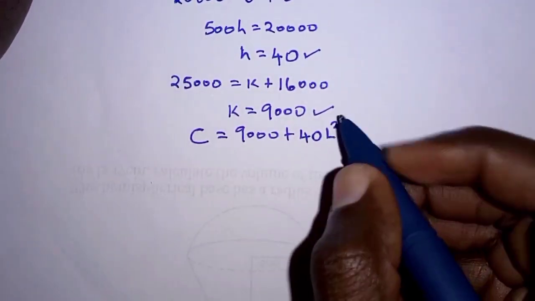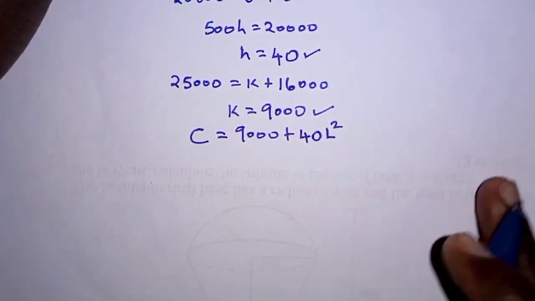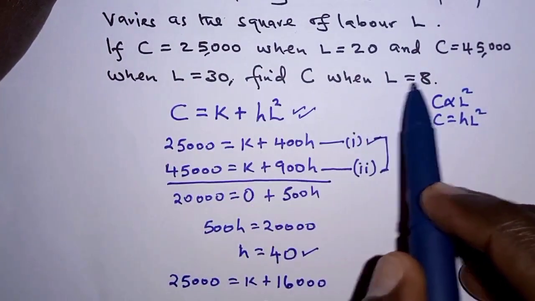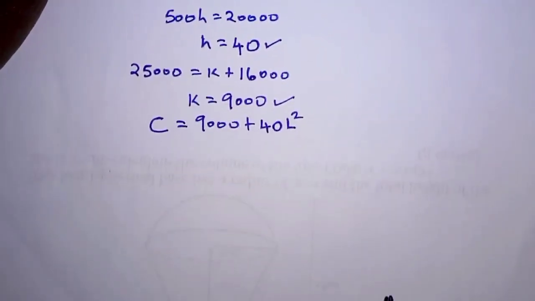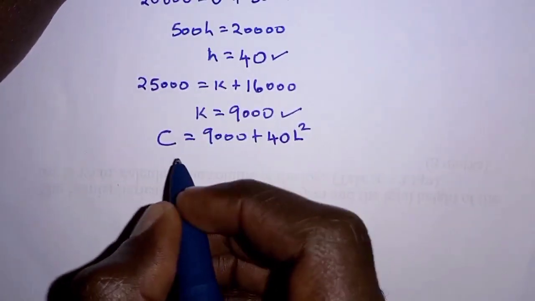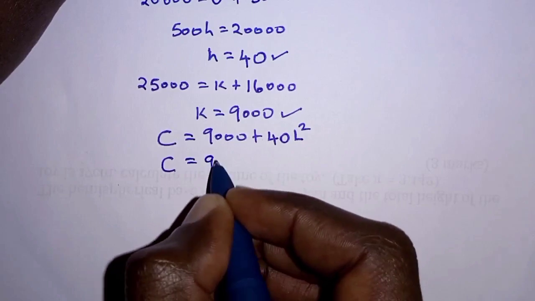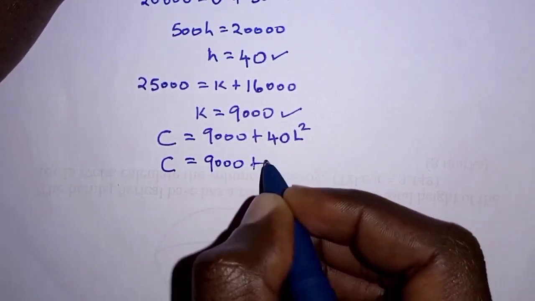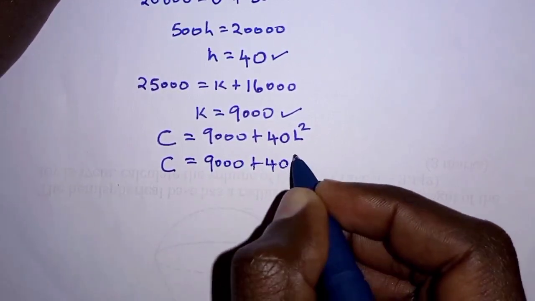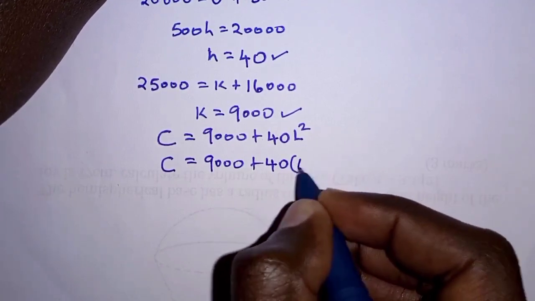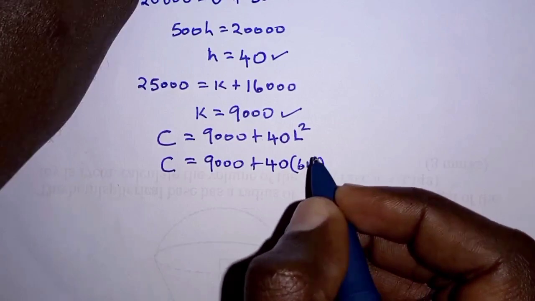This should now help us determine the value of C when L is 8. Remember, that was the question. Find C when L is 8. So when L is 8, C becomes this. So we have C is equal to 9,000 plus 40 times L squared. L is 8, and therefore 8 squared is 64.